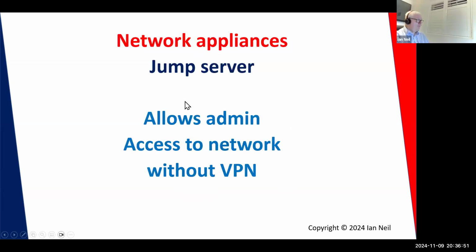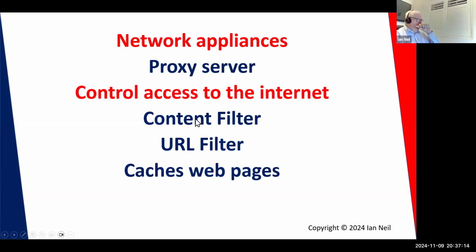The jump server, he allows the administrator access to the network without VPN. If you're going to the exam, you're looking at somebody that's got a problem with an area on the network. You don't want the customers there, but you want your people there. You will then isolate that network and use a jump server to connect to it.